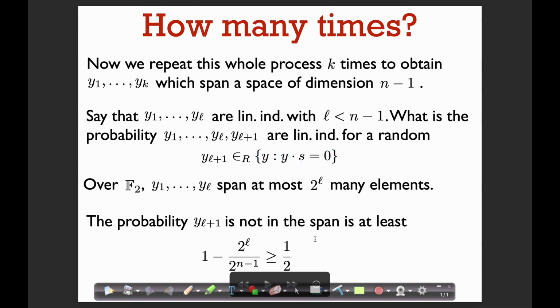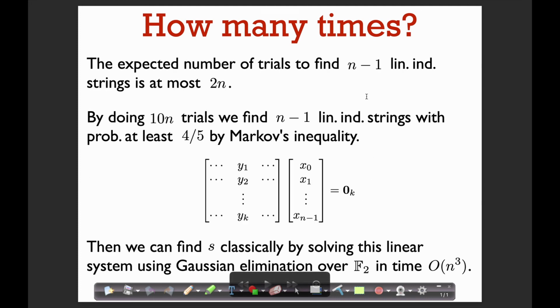So the idea is that with each step, with probability at least a half, we're going to be increasing the rank of our matrix A. In other words, the expected number of trials to find n minus 1 linearly independent strings is at most 2 times n, because in expectation, 2 trials will increase our rank by at least 1.